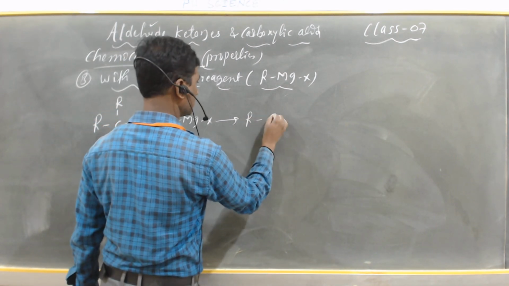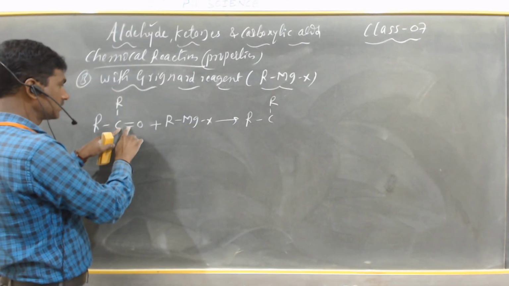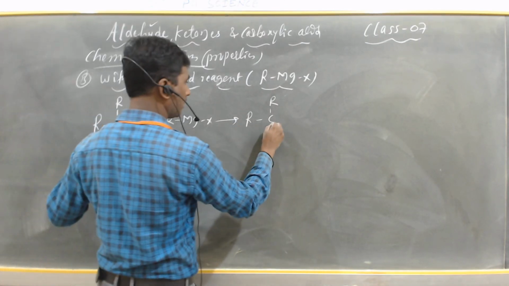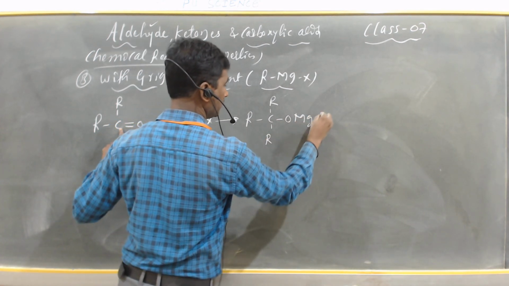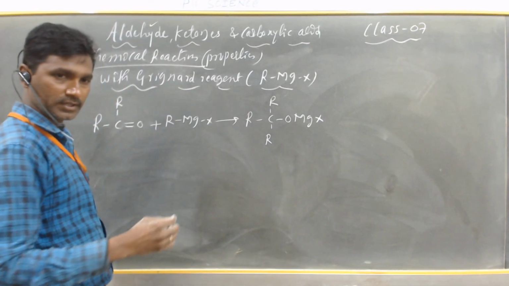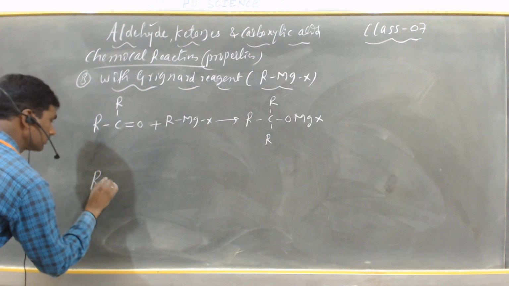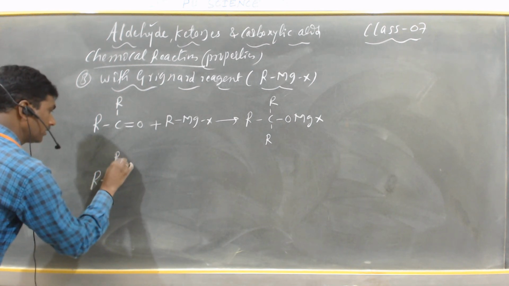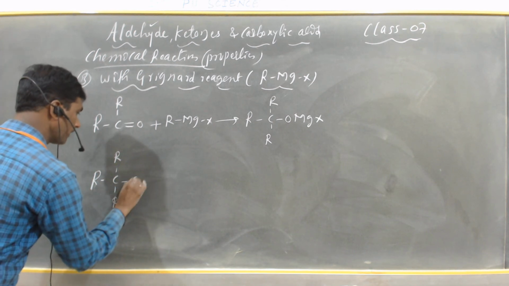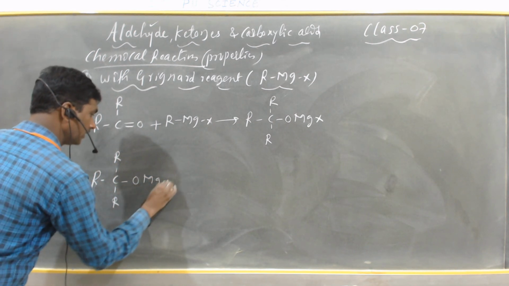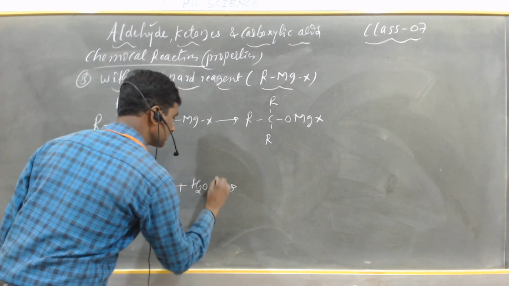When R adds to this, the double bond becomes a single bond, giving R, C, R with R and OMgX.